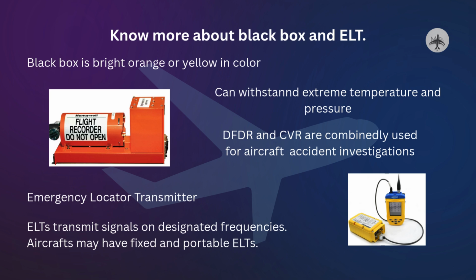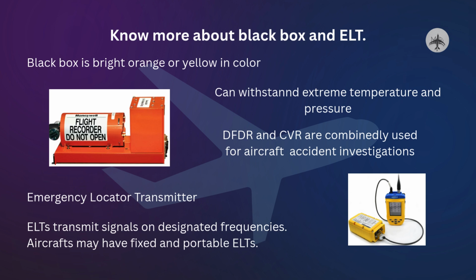The data from DFDR along with CVR, cockpit voice recorder, helps investigate, reconstruct flight events, and determine the causes of an incident. While the DFDR records flight data, the cockpit voice recorder records sounds within the cockpit, including pilot conversations, radio transmissions, and other cockpit sounds like engine noise.